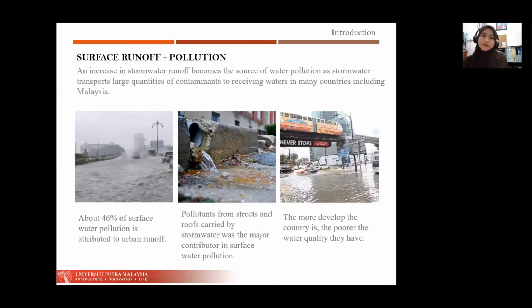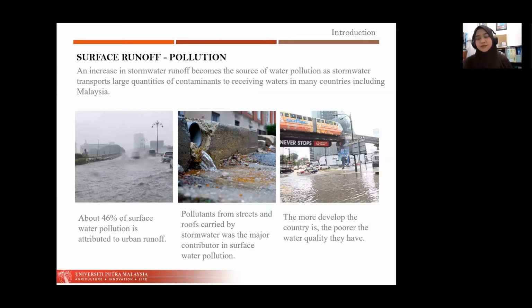Pollution from streets and roofs carried by stormwater is a major contributor to surface water pollution, where about 46% of surface water pollution is attributed to urban runoff and generally associated with non-point source pollution.